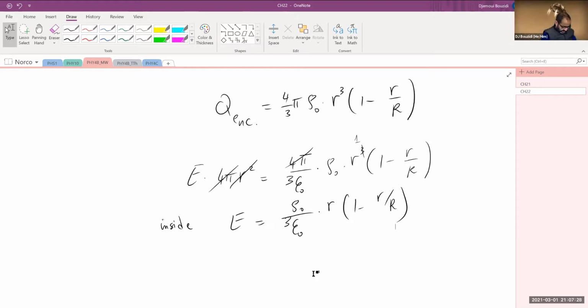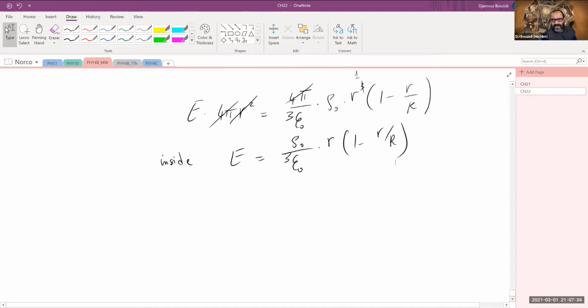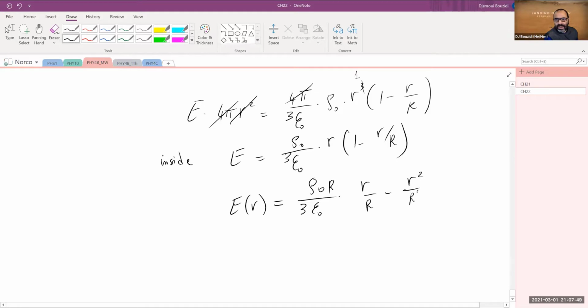Okay, graph the electric field magnitude E as a function of r. Rather than do it as a function of r, I'm going to plot it as a function of r over R. So E as a function of r, I'm going to write it as rho naught over 3 epsilon naught times r over R minus r squared over R squared.